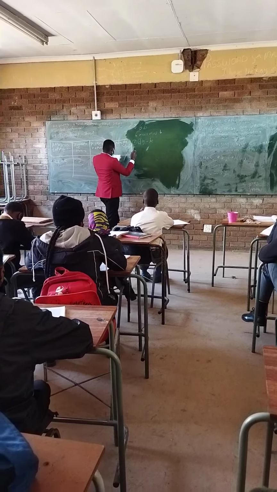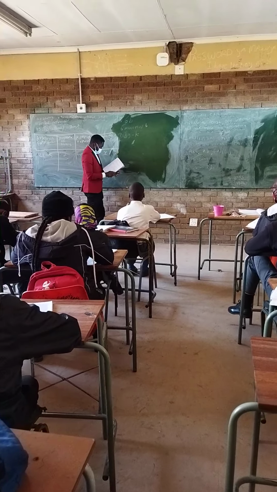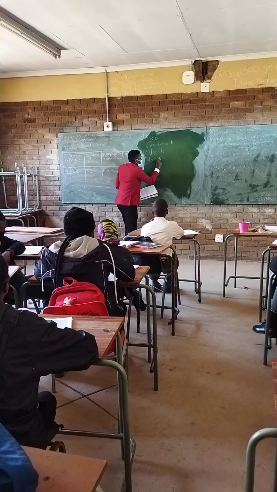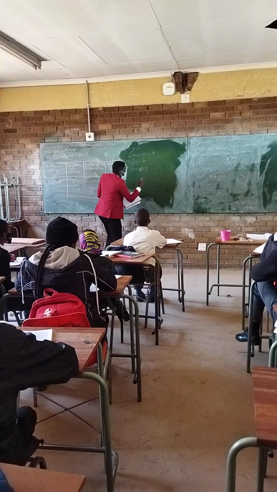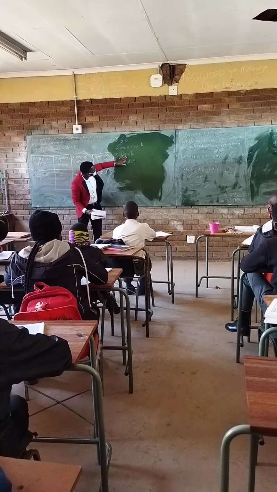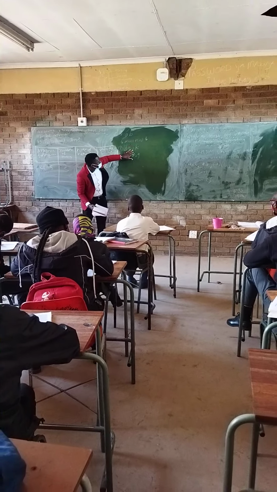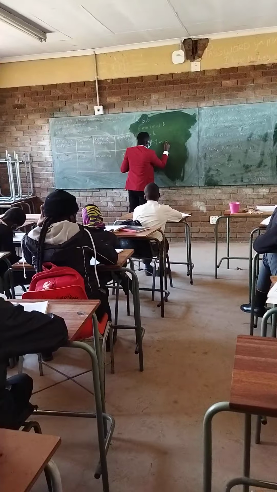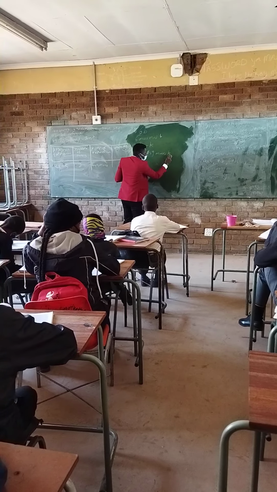It will be 6 times G. But now we still have another operation, which is negative or minus. It will be minus K. Do you understand?